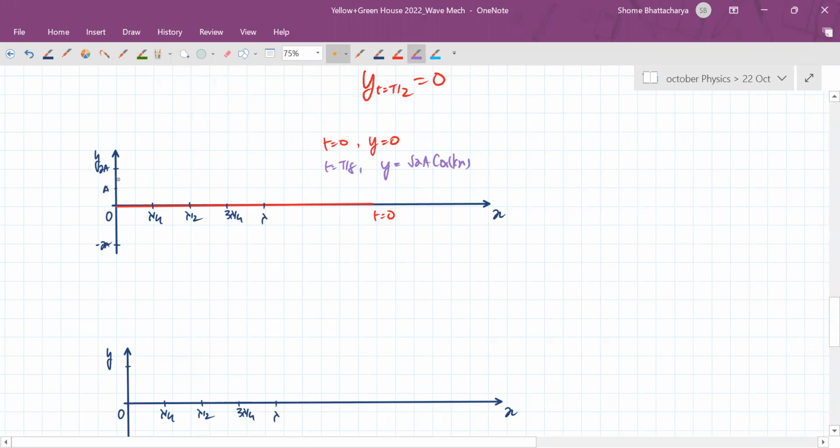So the graph would look something like this. I'm just plotting one cycle properly, and then the thing repeats itself. And then the next plot, at T by 4, y becomes 2a cos kx. So we can see that now it has become like this.